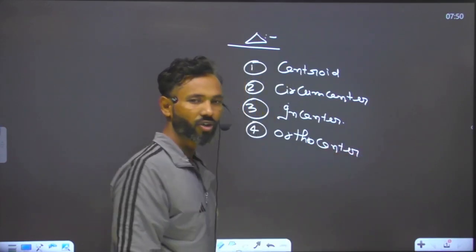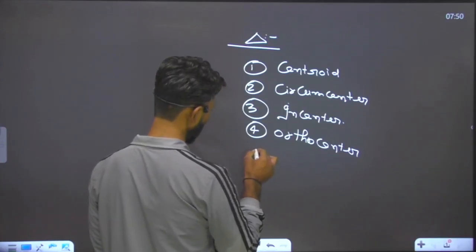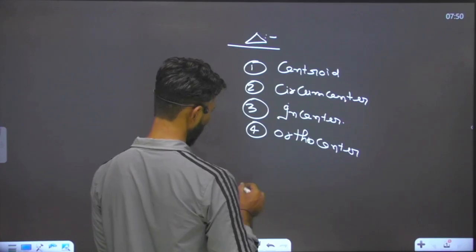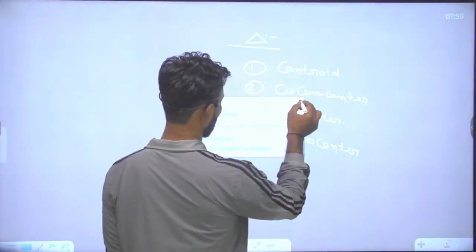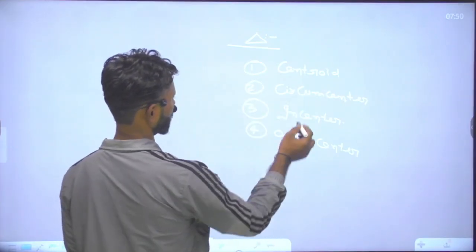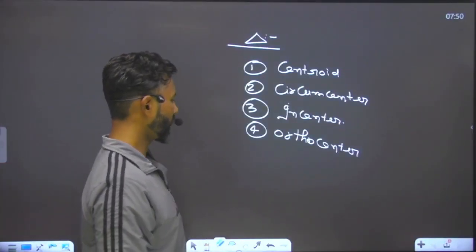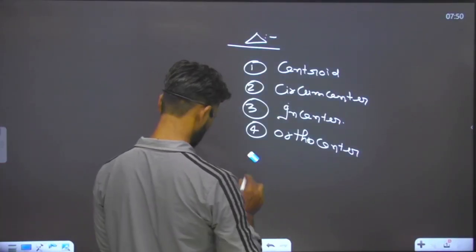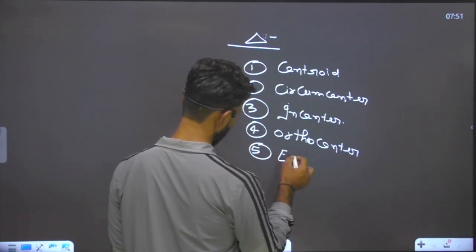After orthocenter, we have to discuss excenter. So these are the 5 kinds of centers we will have to discuss. Fifth will be excenter.